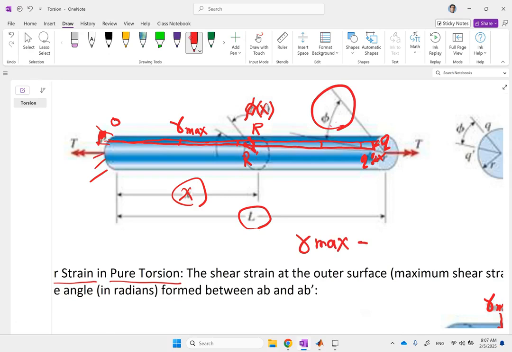Clearly, it's equal to this arc QQ prime, divided by, if you call this end P, divided by PQ. Now, QQ prime, the radius here is R, the biggest angle is phi, so it's going to be basically R times phi, and the length of PQ is L.